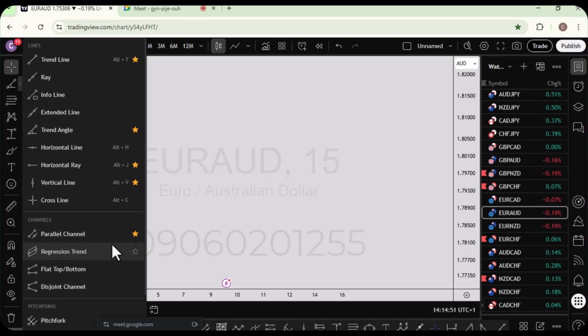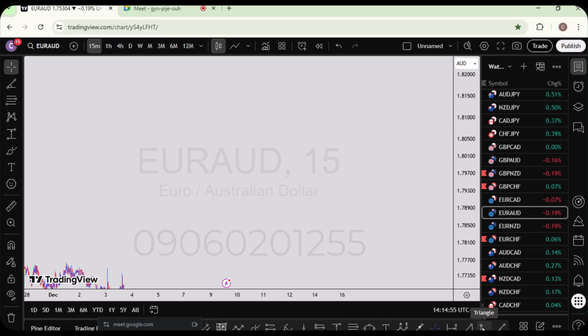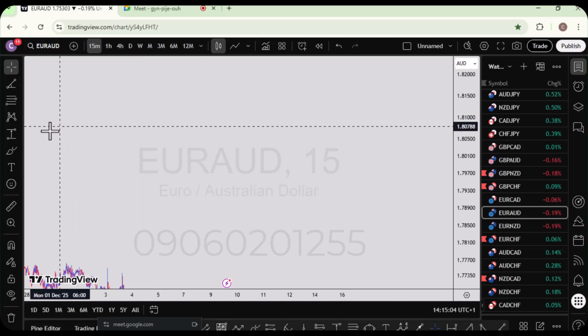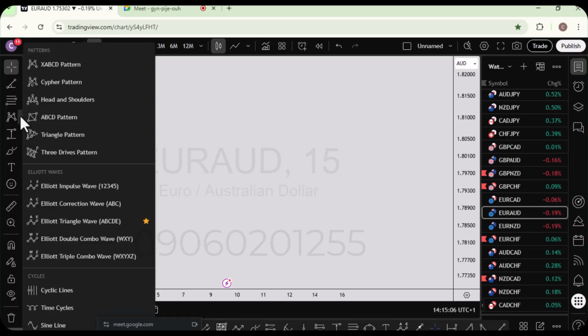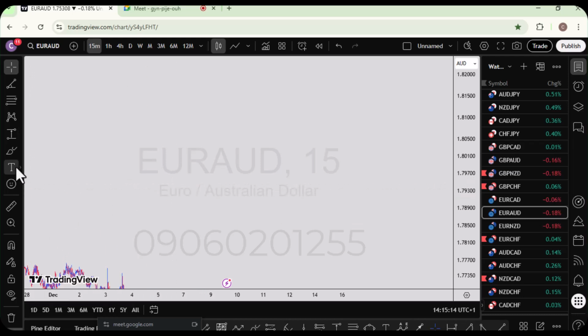I think this one should be the triangle. So let me just remove the triangle. I don't need the triangle. We just need the trend. Have you gotten it from your side? Yes, sir. Okay. So that is the tool we need.